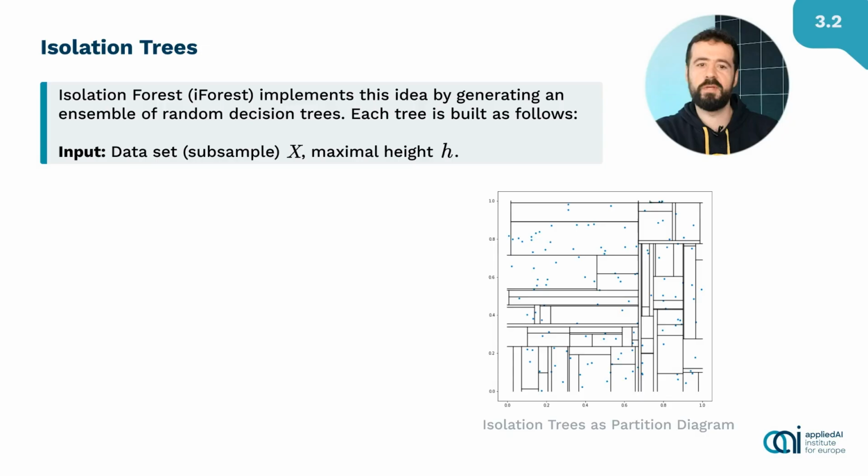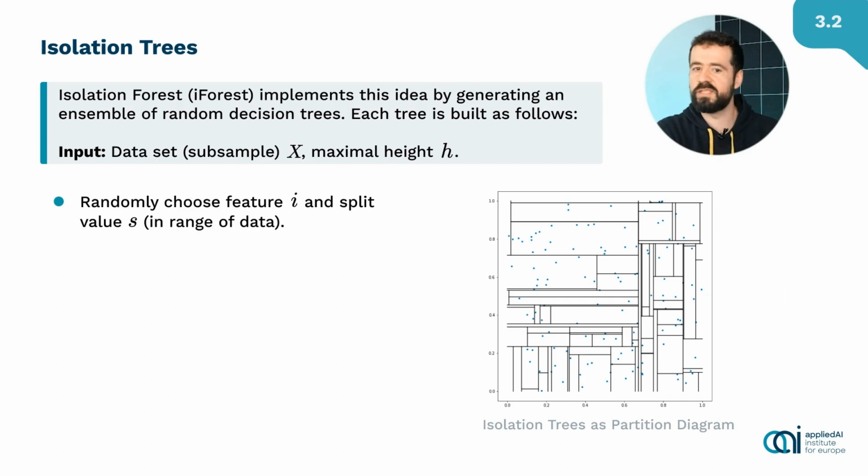Okay, as I mentioned in the last lesson, we first want to compute separating descriptions for all the data points in the dataset. We are going to do this in a tree-like fashion so that we can reuse as many tests as possible for as many data points as possible. So how does that look? We start with the dataset or a subsample of the dataset and a maximal height. And then we randomly choose a feature i and a split value s, which we compute from the range of the data.